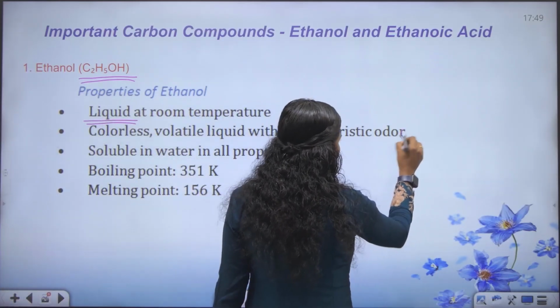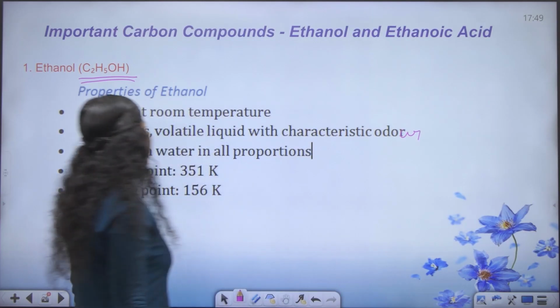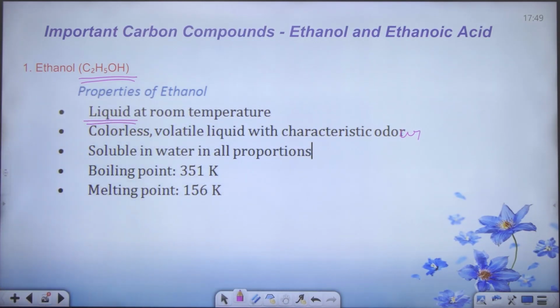Volatile liquid means it easily evaporates. And it is soluble in water in all proportions.